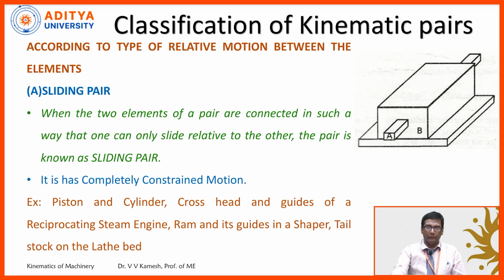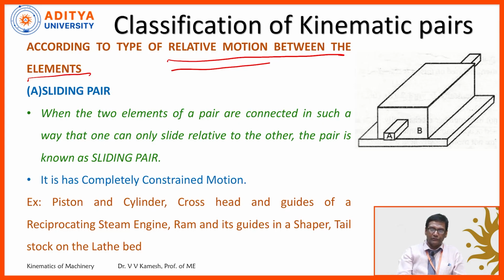Now, we can see the classification of kinematic pairs. Once you have the word classification, there will be many deciding parameters. Here, it is according to the type of relative motion between the elements. So, relative motion between them is the parameter by which we will classify kinematic pairs.